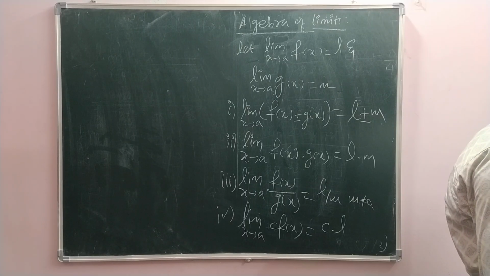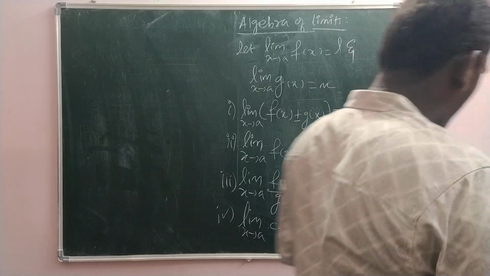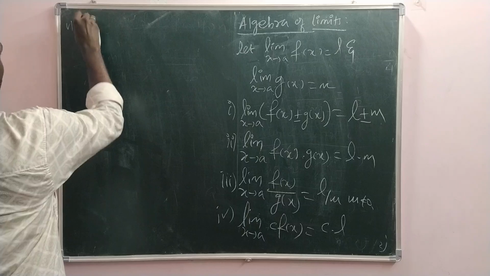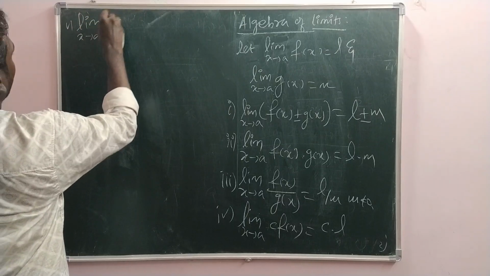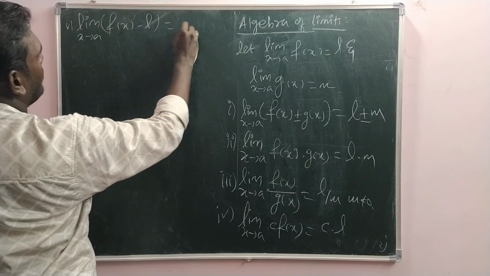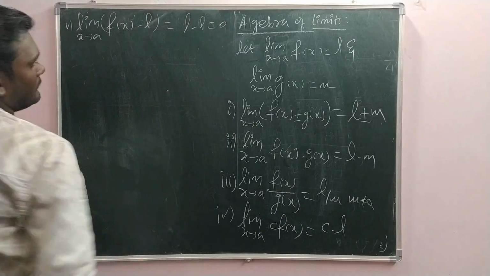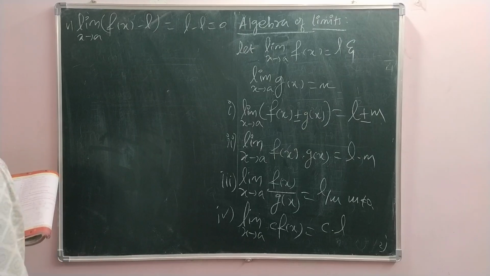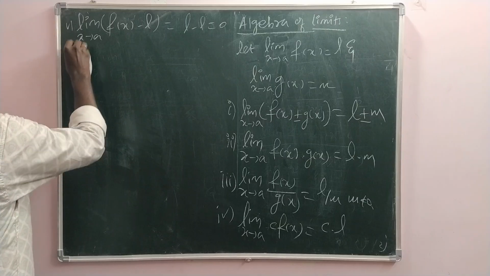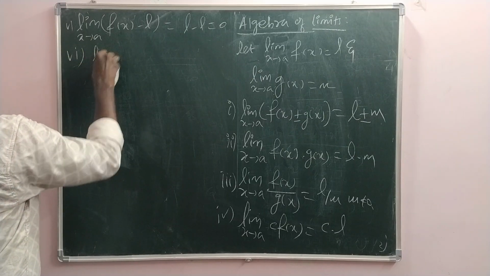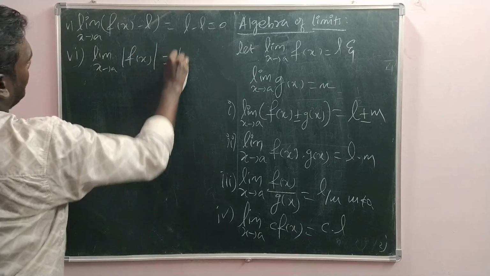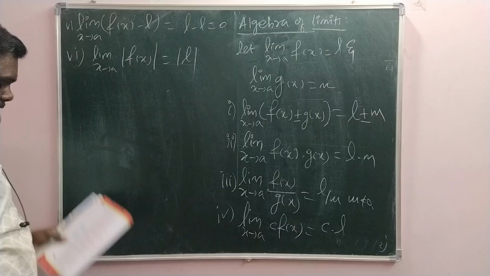Limit x approaches a, f of x minus L will approach where? This will approach L minus L, that is 0. And the same way, limit x approaches a, modulus of f of x will approach modulus of L. Okay.